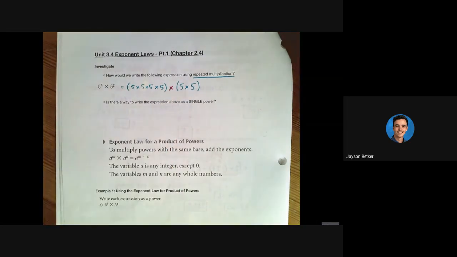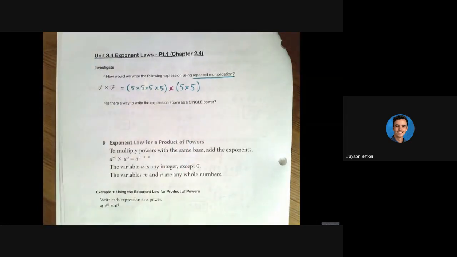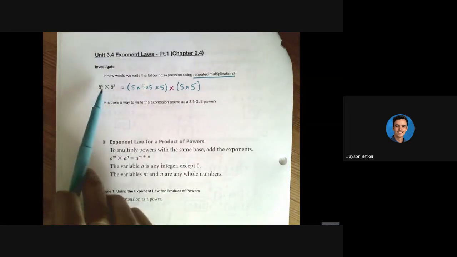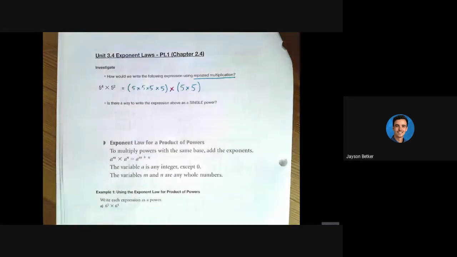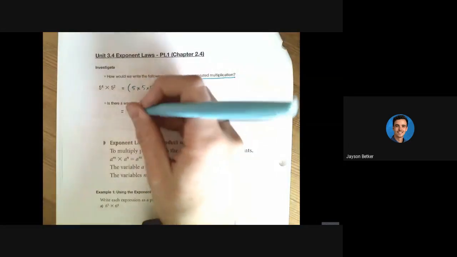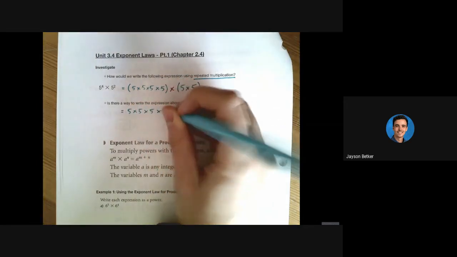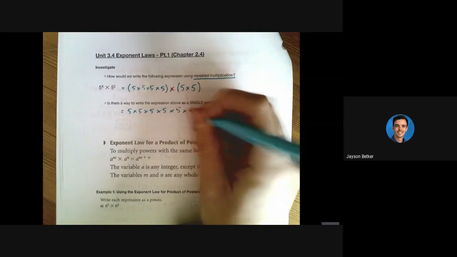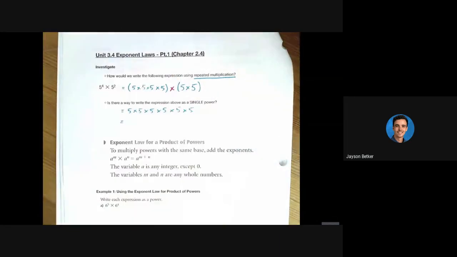Now, is there a way that I can write this right here as a single power? So instead of having to write it 5 to the 4 times 5 to the 2. And there is. If we get rid of the brackets, what this ends up becoming is 5 times 5 times 5 times 5 times 5 times 5. And now all of a sudden that looks like the type of problem that we know how to do, right?